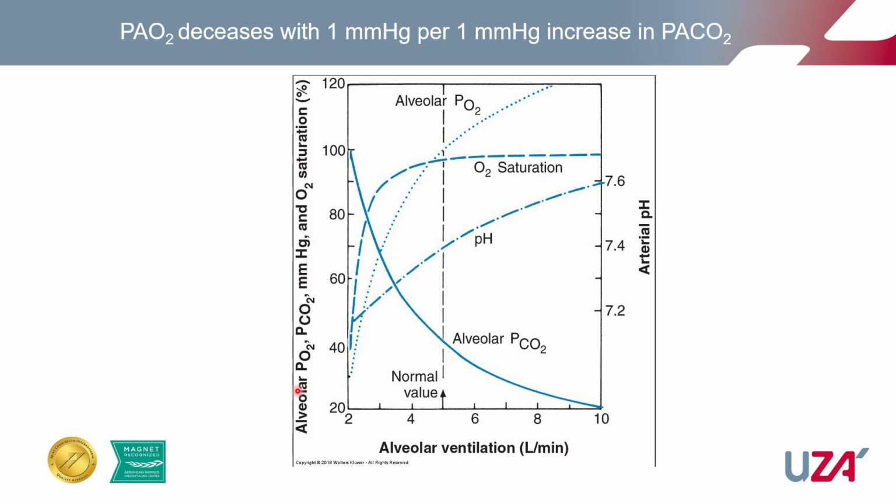Finally, any change in alveolar ventilation and alveolar pCO2 may lead to a difference in arterial pH, thus stressing the relationship of PCO2, PO2 and pH.